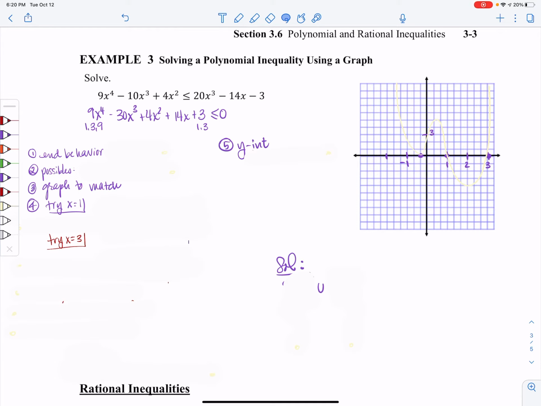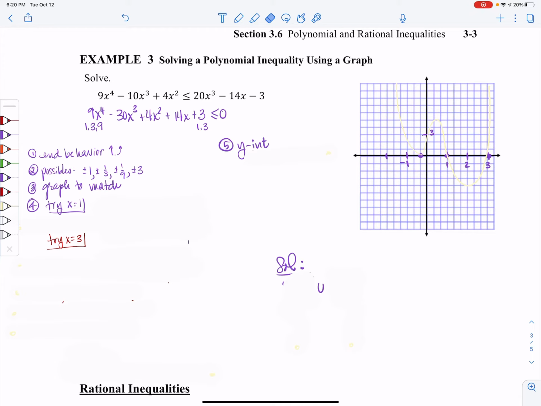So you notice that the first thing I want is my end behavior. Well, both ends are going to be up because of the leading coefficient and the degree. My list of possibles, remember, I get this from the factors of the constant divided by the factors of the leading coefficient. I would go ahead and graph it on my calculator anyway to match. If I was told not to just graph on the calculator, then I would use synthetic substitution.